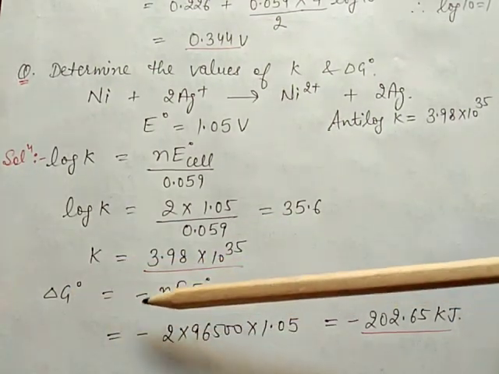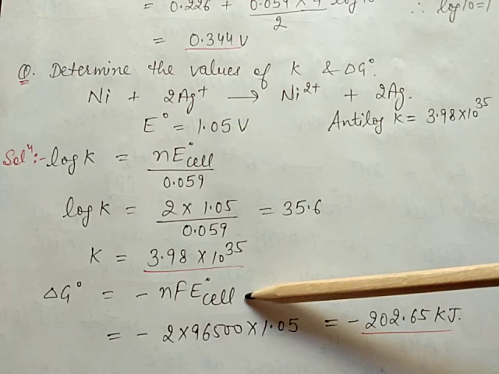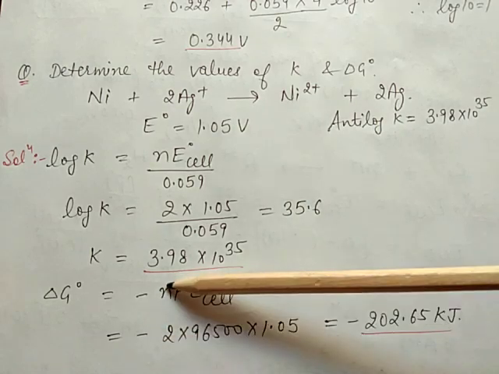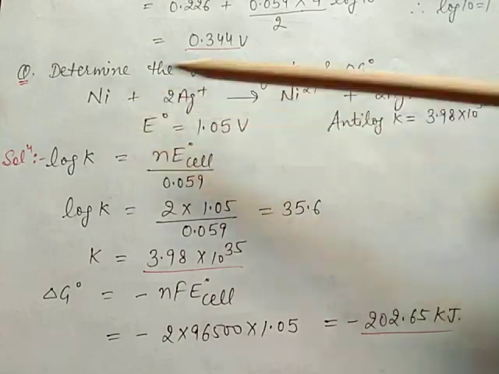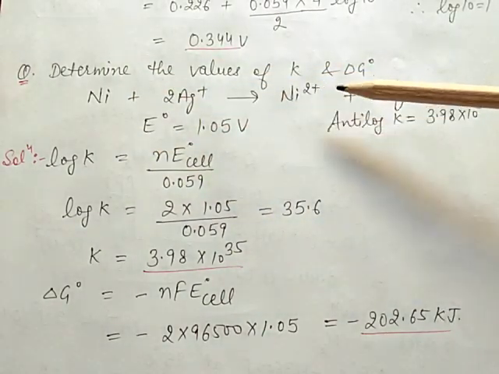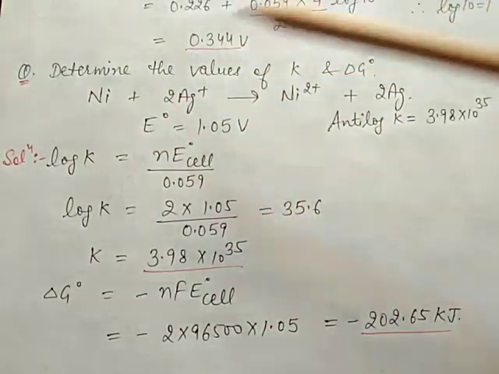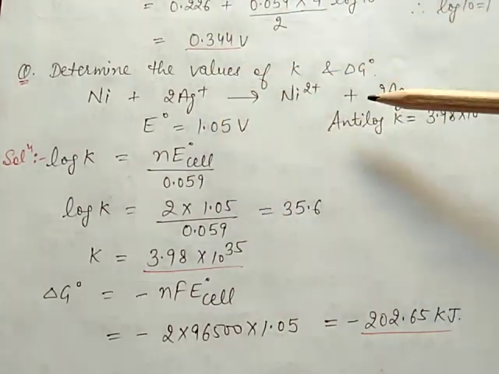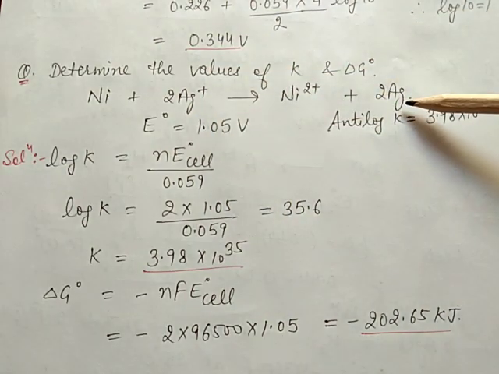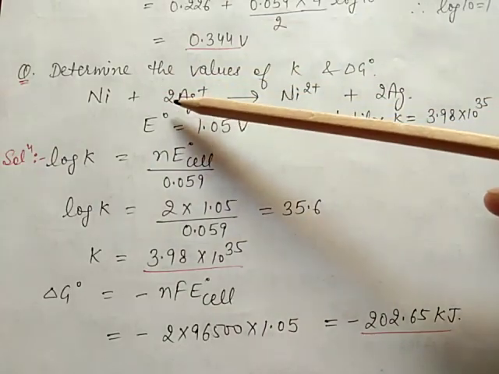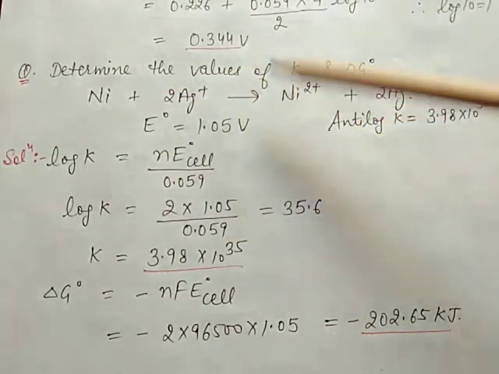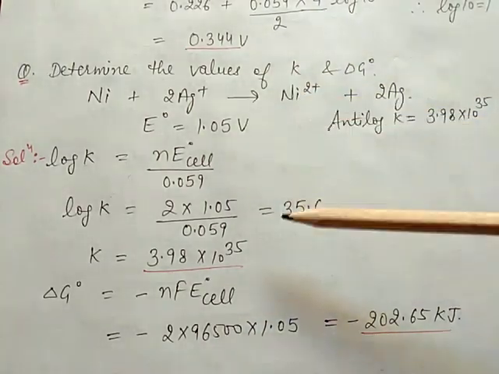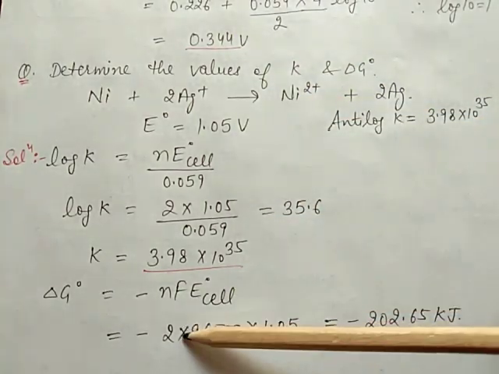Delta G naught is equal to minus nF E naught cell. n is the number of electrons. Nickel changes into nickel 2 plus after loss of 2 electrons, and silver plus ion gains 1 electron to form silver, but here 2 molecules are present, so it gains 2 electrons. So the number of electrons exchanged on both sides is the same, that is 2.